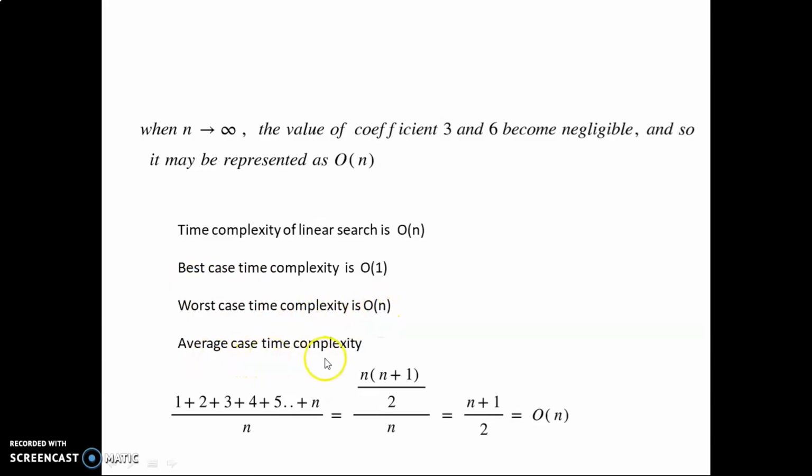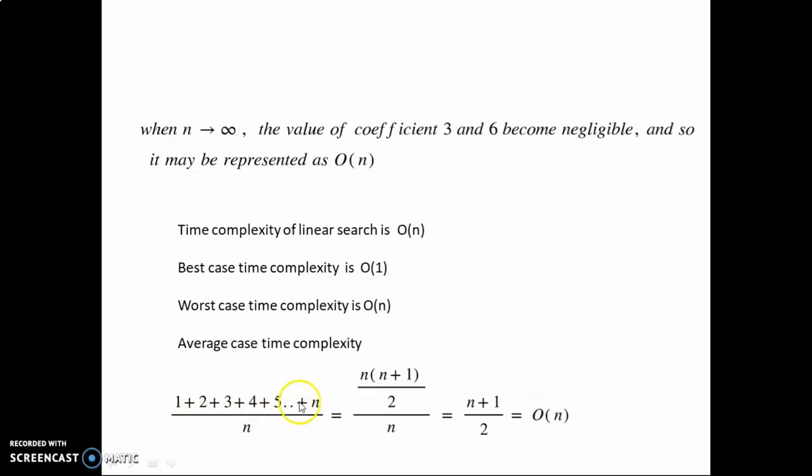Average case time complexity means the average number of steps. The key value may be available in the first place, second place, third place, fourth place, fifth place, and so on, up to the nth place. So how many times are we trying this? n times. So we divide 1 plus 2 plus 3 plus 4 and so on up to n, by n.